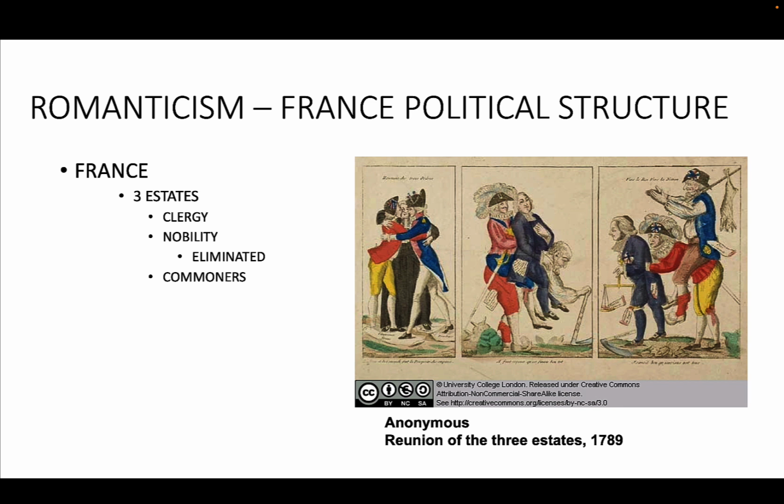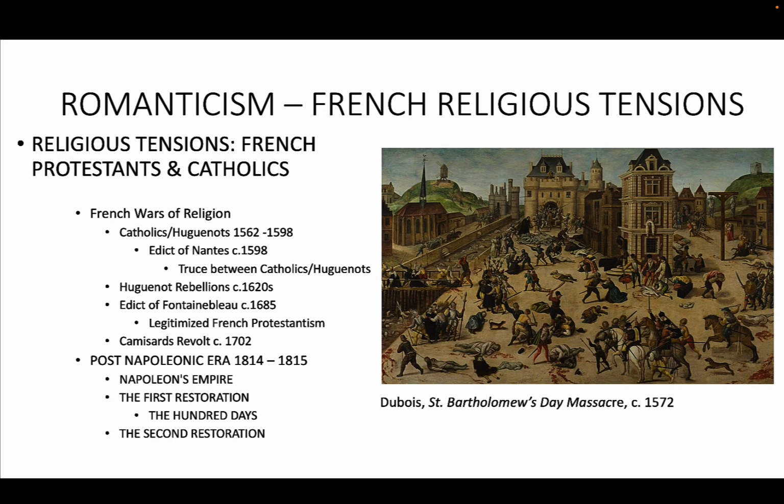So we start off with the three estates and France's political structure. We move into an overview of the religious conflicts. Now, if you recall what I did in the previous research question lecture, this was really at the forefront of the material because it preceded everything else.